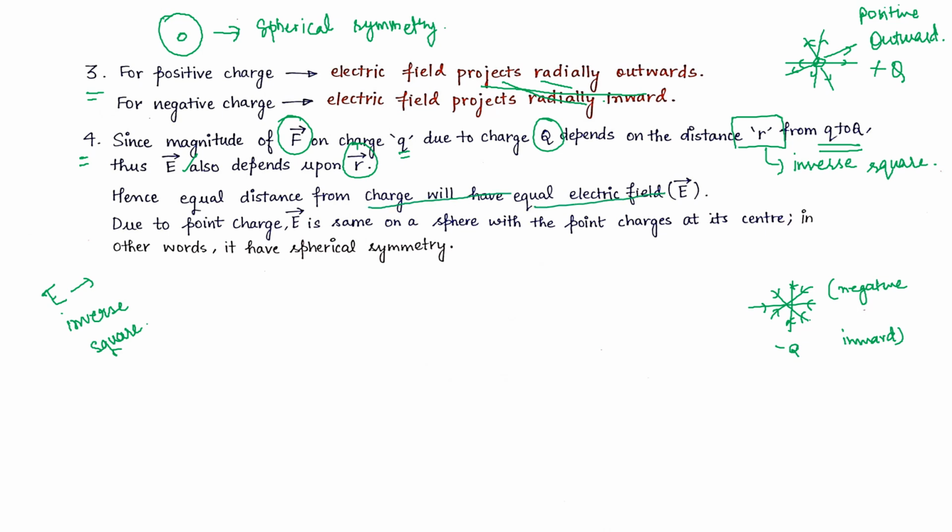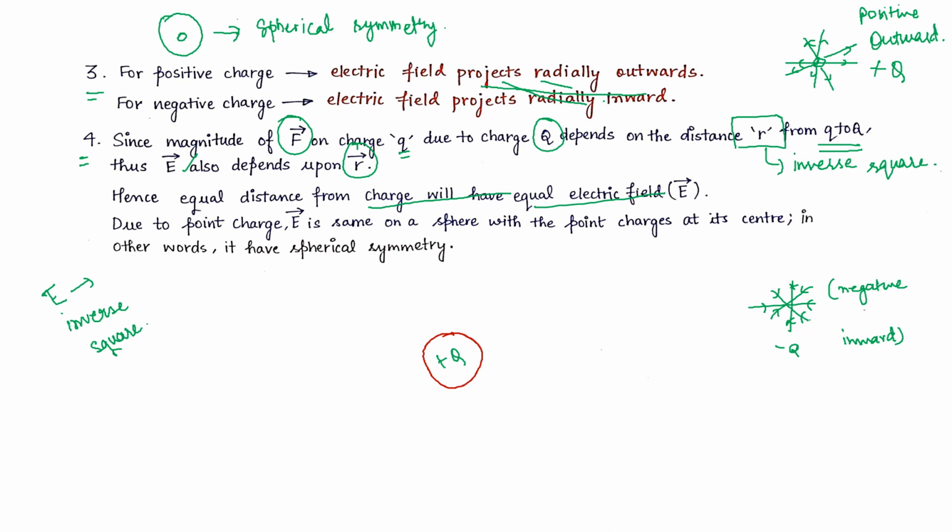So, let's see this thing. This is our charge Q and this is equal distance. I'll make the sphere once again. So this is a sphere.